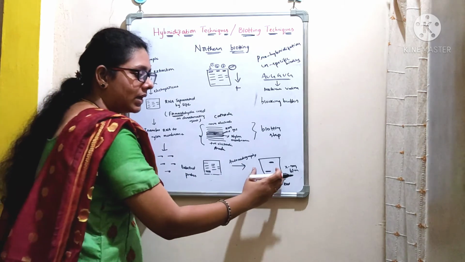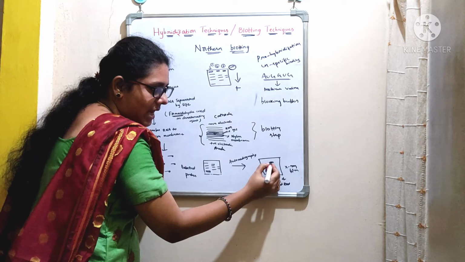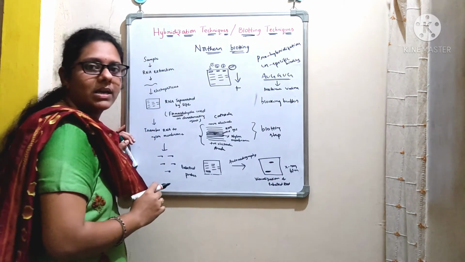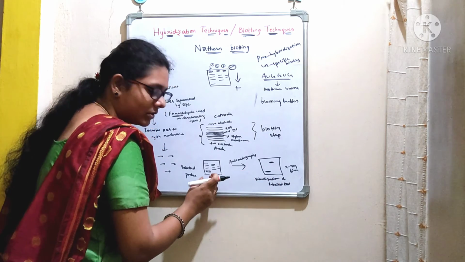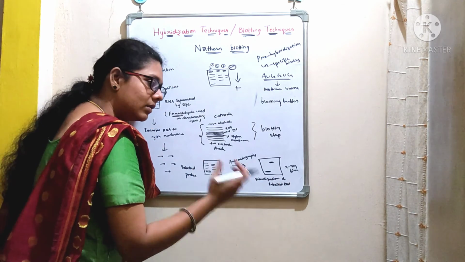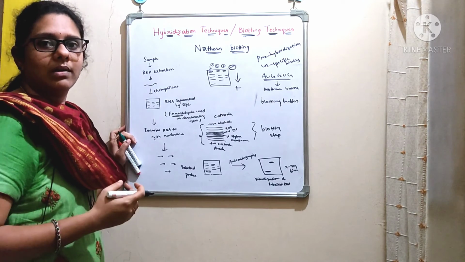Then we are going to get an X-ray film with these hybridized regions. These highlighted regions are the hybridized regions because here the RNA sequence is complementary to the radio-labeled probe. In this way, we can identify the specific gene of interest.